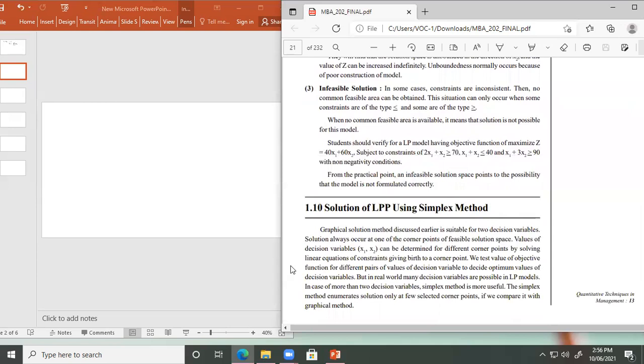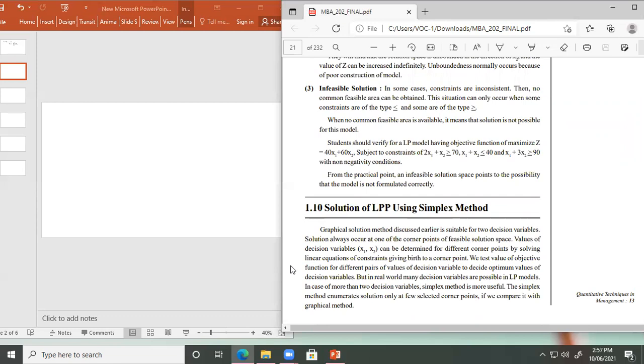There are different solutions for LPP using the simplex method. The graphical solution method discussed earlier is suitable for two decision variables. The solution always occurs at one of the corner points of the feasible solution space. Values of the decision variables x1 and x2 can be determined for different corner points by solving the linear equations of the constraints giving rise to the corner point.